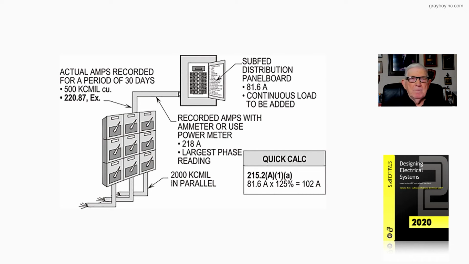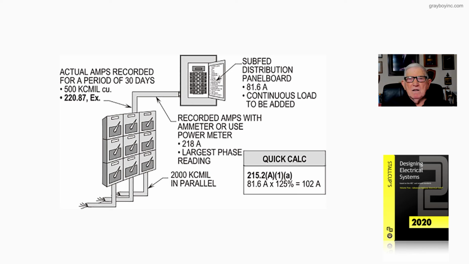310.15(E) is an example. So we're applying the exception to 220.87, so we're dealing with a 500 kcmil to determine the ampacity of 500 kcmil. Can we add the 218 and be below that value with this calculation?